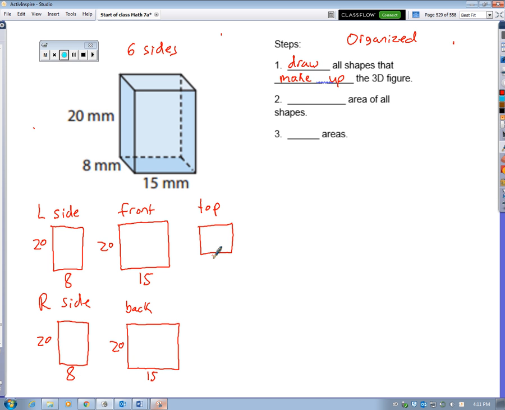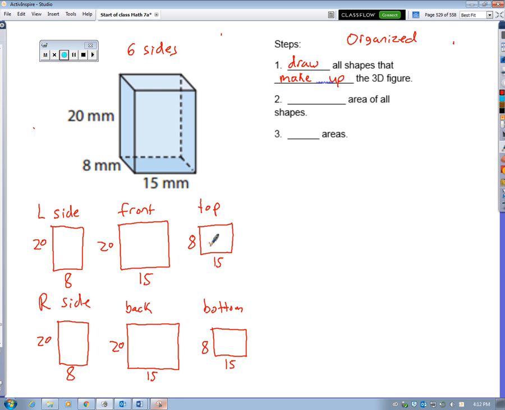So we'll put 15 across and 8 right there. And then we need the bottom. It's going to be the same size as the top, 15 and 8. See how already that's taken some work, but it helps keep us organized because we have so many numbers that we're working with. It's really going to help us out in the end.